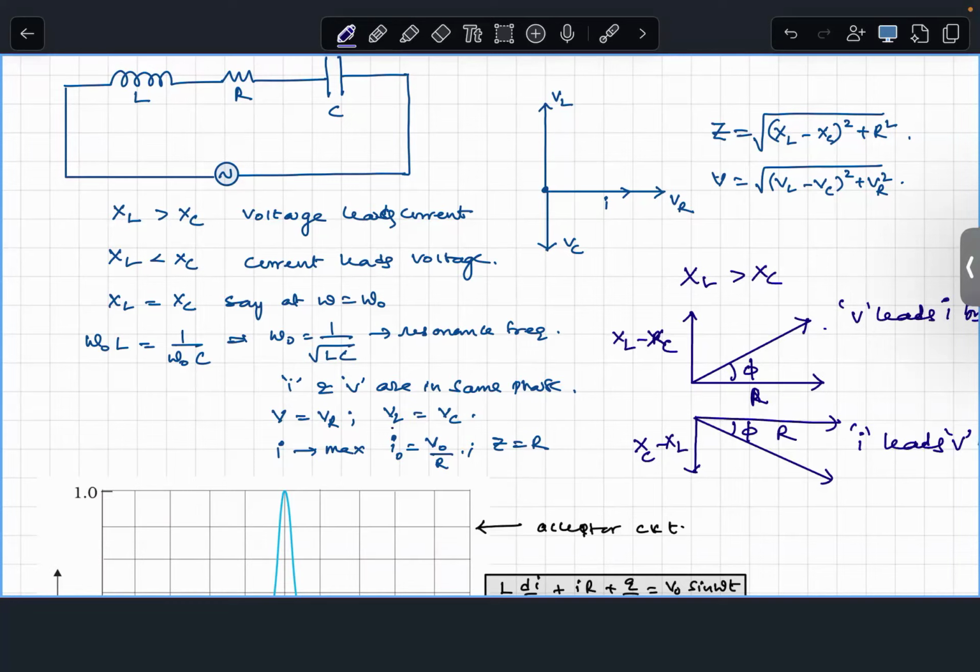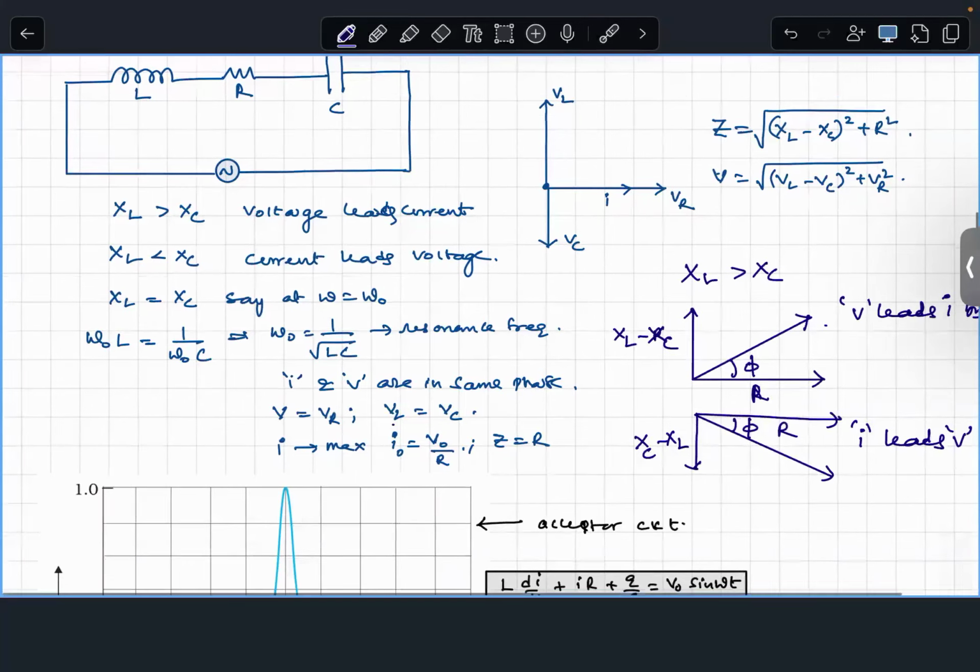VL becomes VC. At that stage, current is maximum and power factor is maximum. Why is current maximum? Impedance is least. For the same voltage, current will be maximum. Remember, it won't happen every time. It happens only for a particular frequency, and that frequency is called resonant frequency.